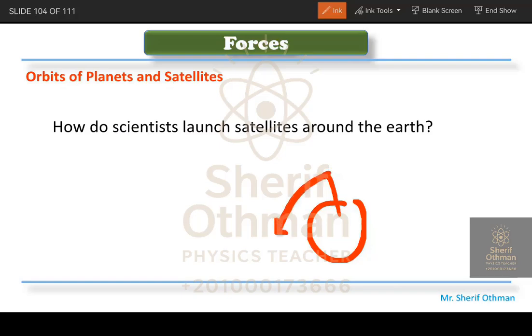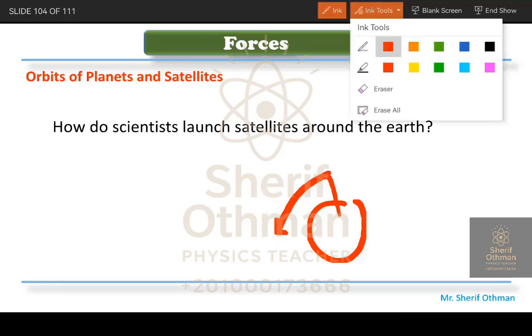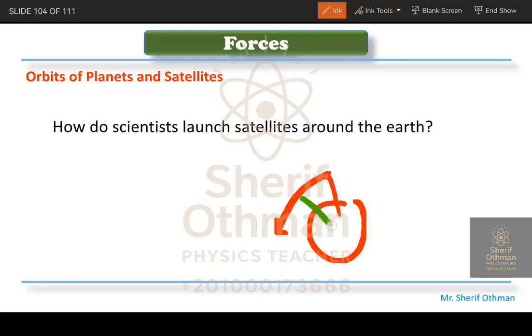The only force acting on this satellite is the centripetal force toward the center. And there is another one which is perpendicular to it, which is the inertia of falling. As the two forces are perpendicular to each other and equal in magnitude, the satellite will keep rotating around the Earth in a circular path.